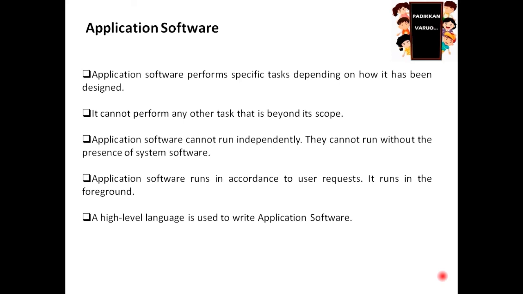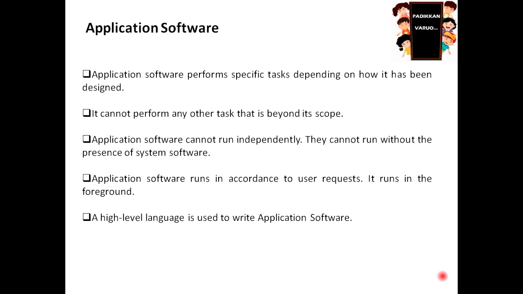Application software cannot run independently like system software such as operating systems, because an application software works on a platform like the various operating systems, Windows, Android, iOS, etc. So an application software cannot run independently. It is dependent on the operating system. They cannot run without the presence of the system software. Application software runs in accordance with the user's request.